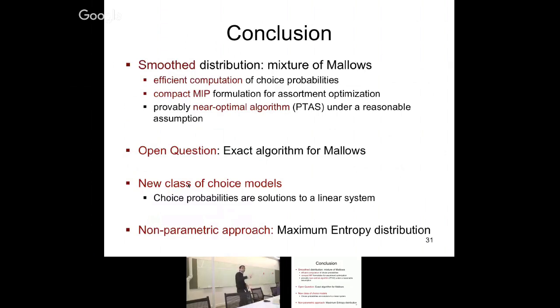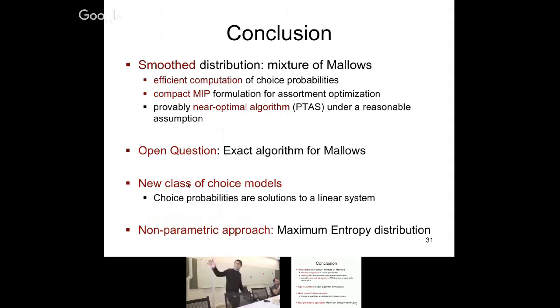So just to conclude, we started out with our goal towards a non-parametric approach, which remains a goal. But in the process, we were able to look at a smooth distribution over permutations model, which I think is more natural and more robust, and develop algorithms for efficient choice probability computation and a computationally practical algorithm.